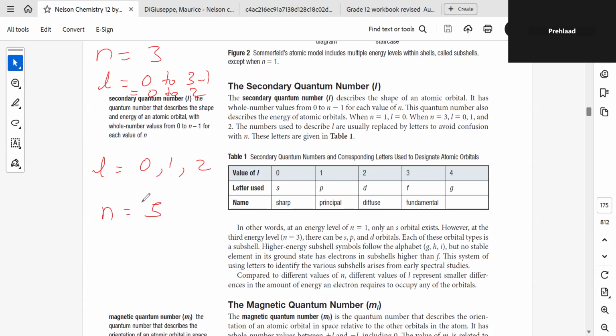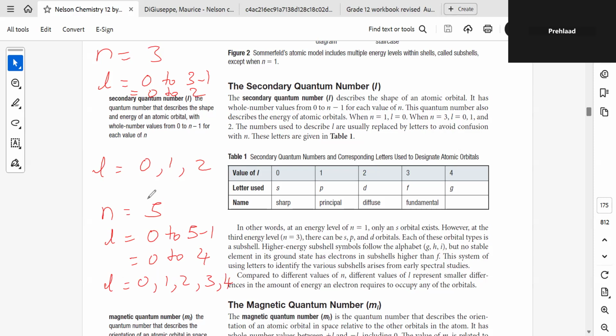L should be 0 to 5 minus 1, so 0 to 4. That means L is 0, 1, 2, 3, and 4.